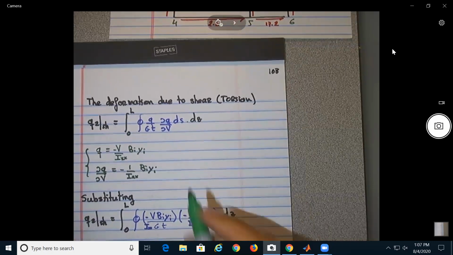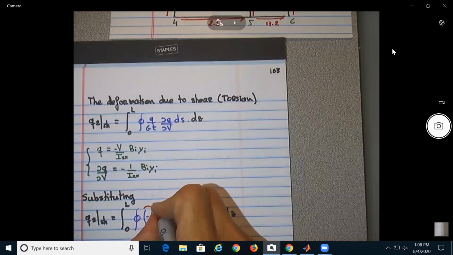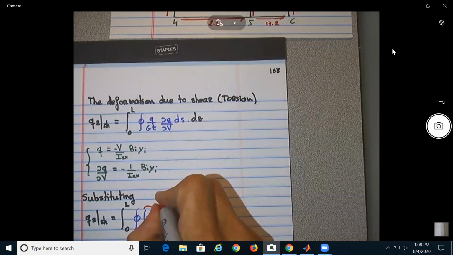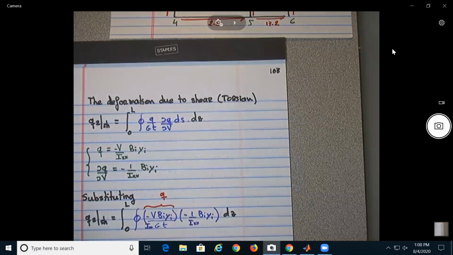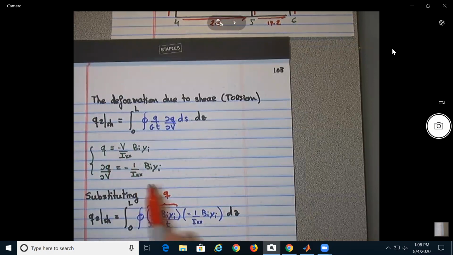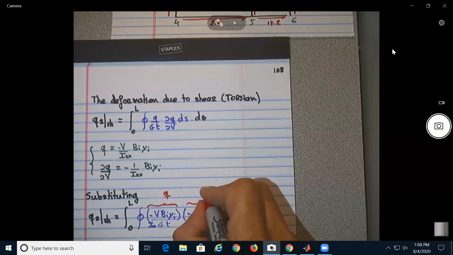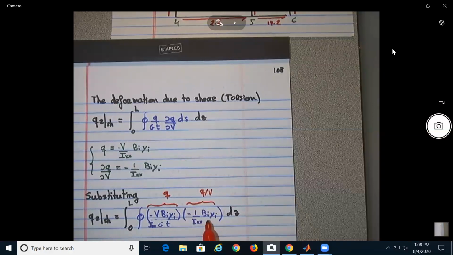Okay, so now we agree that this term over here will be Q because it's exactly equal to this one. Yes, and this one kind of will be proportional to Q over V, no? Yes, okay.